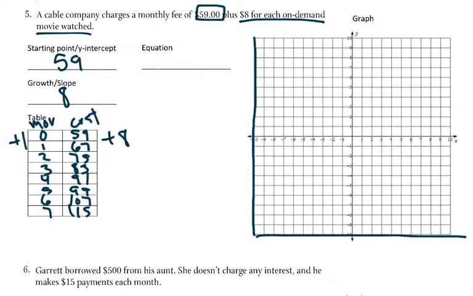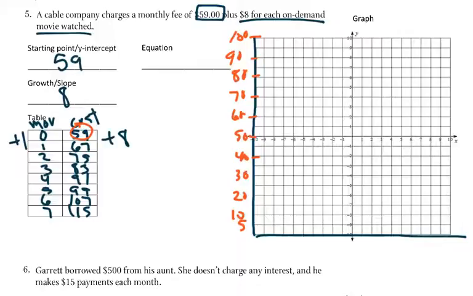Okay, so then when we graph it, we have our starting point at 59. Okay, so here we'll count by 2s probably would be good. So no, 2 won't get me high enough, will it? Let's count by 5s. So it'd be 5, 10, 15, 20, 25, 30, 35, 40, and 50, then 60, 70, 80, 90, and 100.